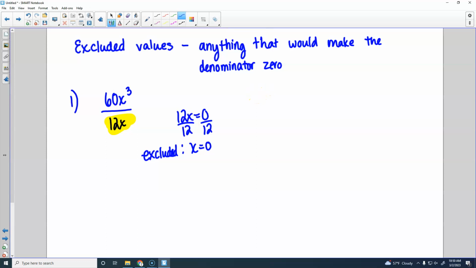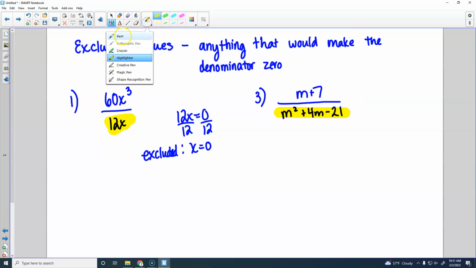Okay. If we look at number 3, we've got m plus 7 over m squared plus 4m minus 21. So again, we are looking at what would make that denominator there equal to 0. How are we going to figure that out with an expression like m squared plus 4m minus 21? That's a quadratic like you were doing on your homework last night, right? There's lots of ways we could do it. We could complete the square.